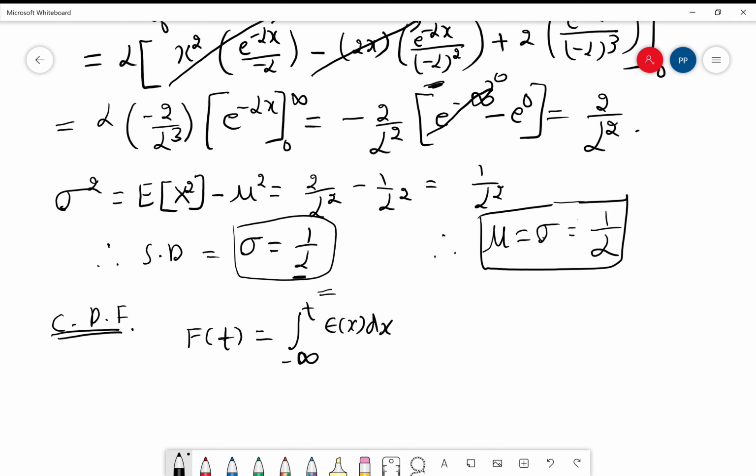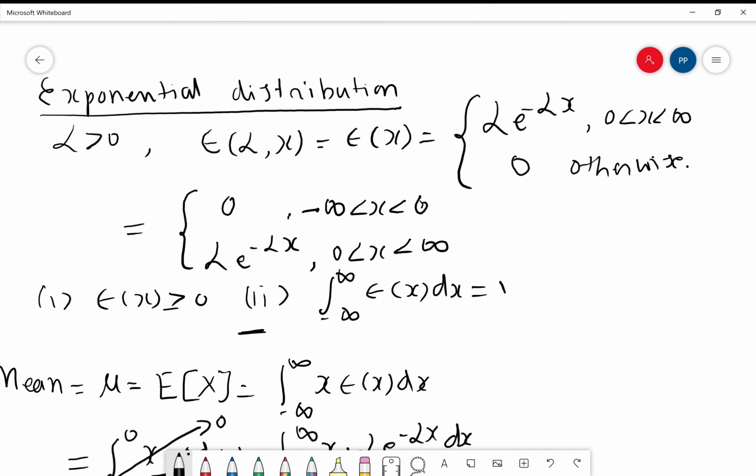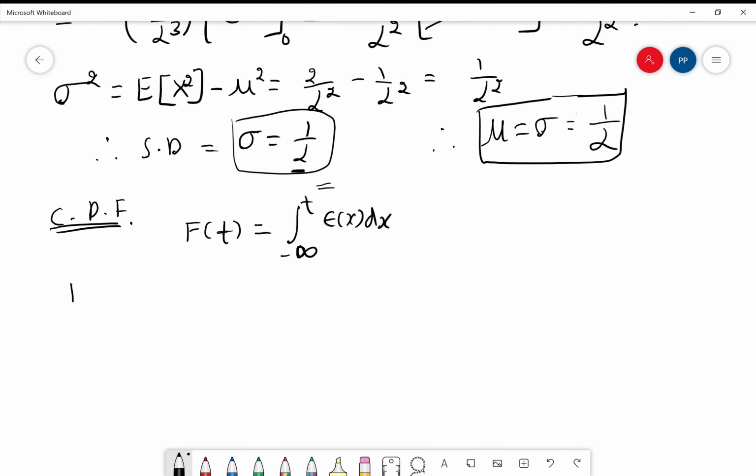Now since this is a split function, we have to consider two intervals, namely minus infinity to 0 and 0 to infinity. Okay, therefore let us consider t in the interval minus infinity to 0.